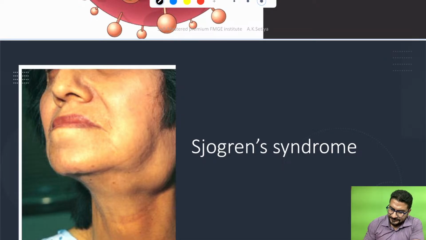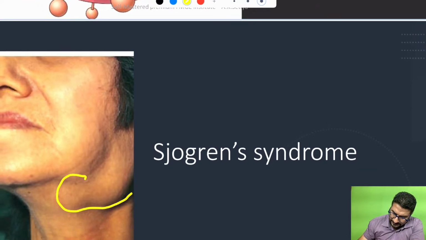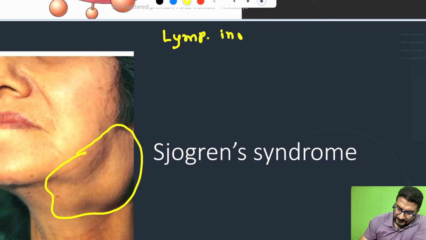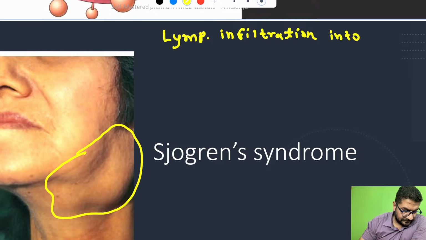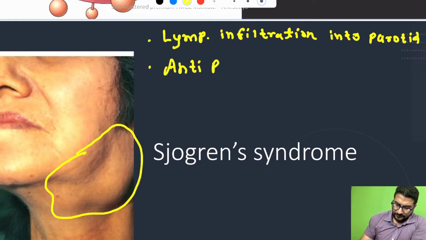Just try to understand. First, in the parotid gland you can notice lymphocytes are infiltrated. It is an autoimmune condition, and you will see lymphocyte infiltration into the parotid gland. I am not telling you about dry eyes and dryness, as almost everyone knows that. Here you can notice the antibodies will be anti-Ro and anti-La.